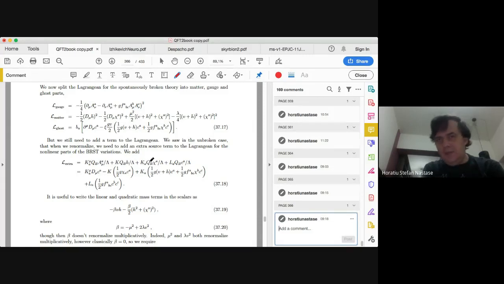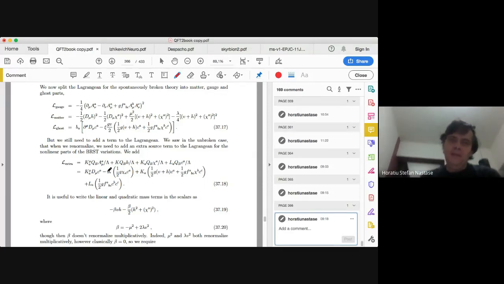Here we split the source for the BRST variation of the full scalar into a part for the Higgs and a part for the would-be Goldstone boson, and K is the source for the BRST variation of h, Q_B h over lambda, and K^a is the source for the BRST variation of chi^a, Q_B chi^a over lambda, and L^a is a source for the BRST variation of c^a, so Q_B c^a over lambda.